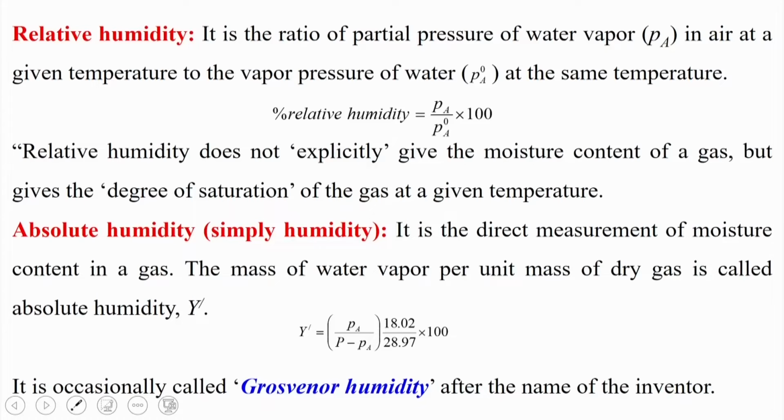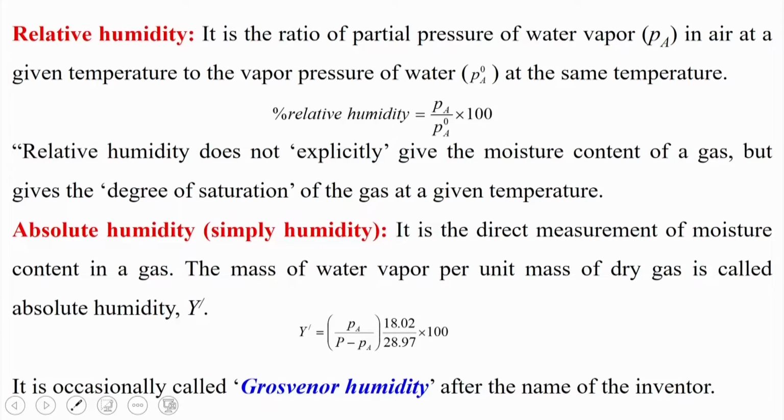If we say that relative humidity is 80%, it means how humid the air is compared to other air, where the relative humidity is less or more.